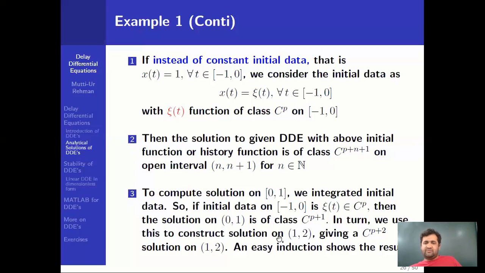If you just continue this process, for instance, you move to the next interval, from 1 to 2, then your solution is of class, you can take a look over here, p plus 2. And then you can carry on this process.